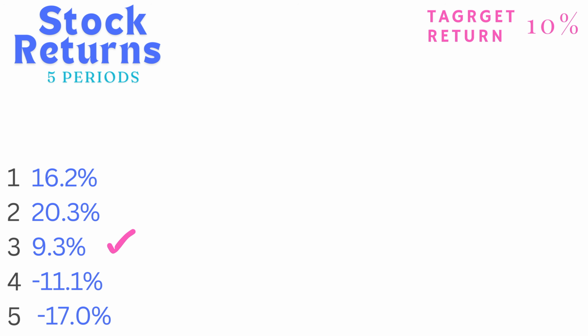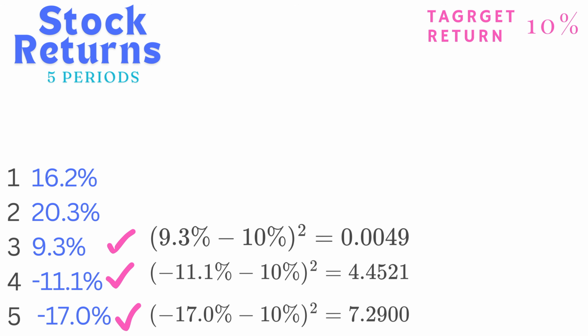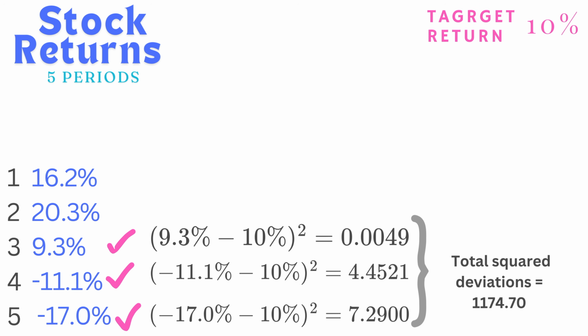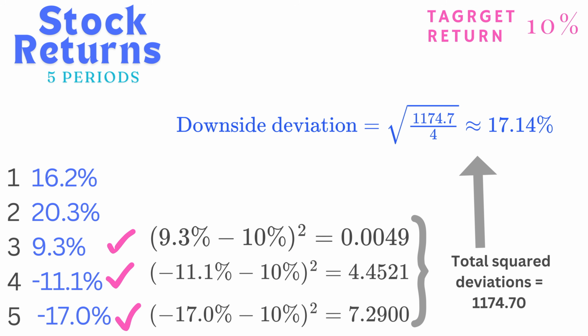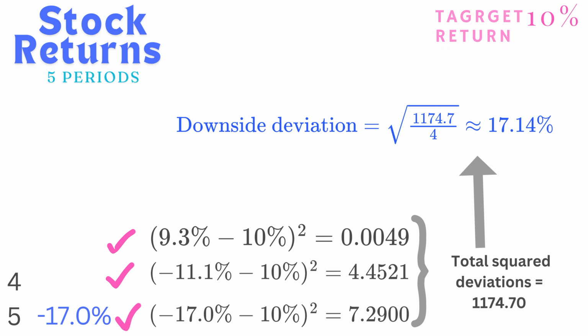These are 9.3%, minus 11.1%, and minus 17.0% in our example. Next, we calculate the squared deviations from the target for these returns. Sum these squared deviations, then divide by the number of observations minus 1. So our downside deviation is approximately 17.14%.